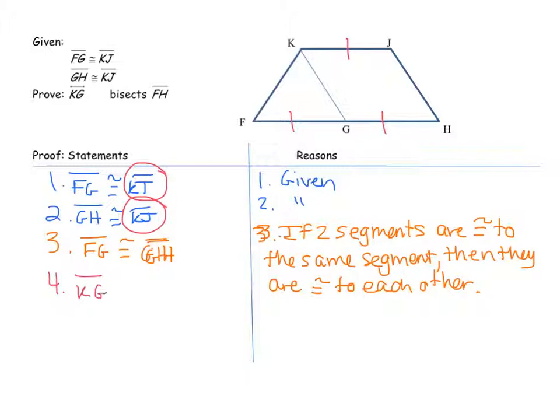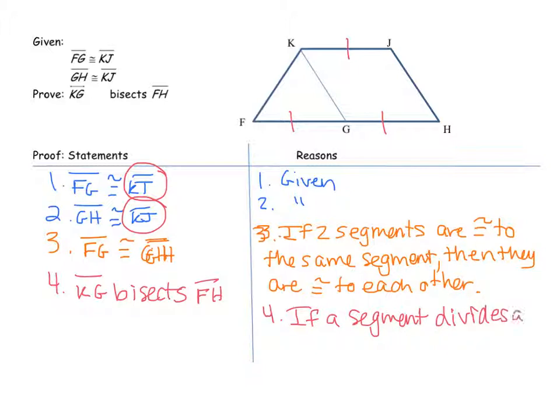So I'll go ahead and say KG bisects segment FH. And the reason I don't want to start with the bisects, I want to start with if a segment divides a segment into two congruent parts, then it bisects the segment.